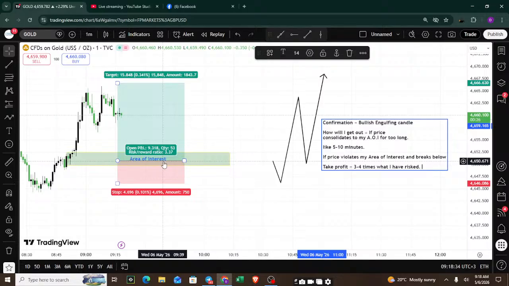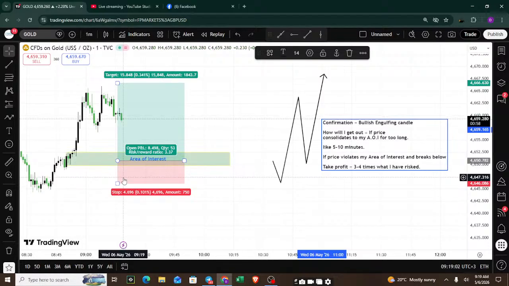Now, do I have a buy limit? No, I don't, because I am waiting for price to get to this level here first. Then see a change in momentum by seeing a bullish engulfing candle. Once I see that bullish engulfing candle, then I will comfortably get in, then place my stop loss just below.